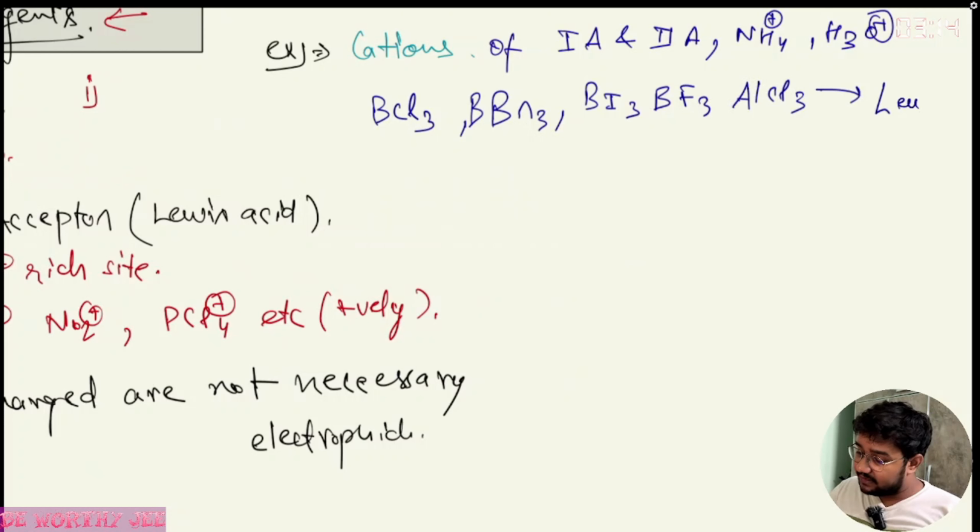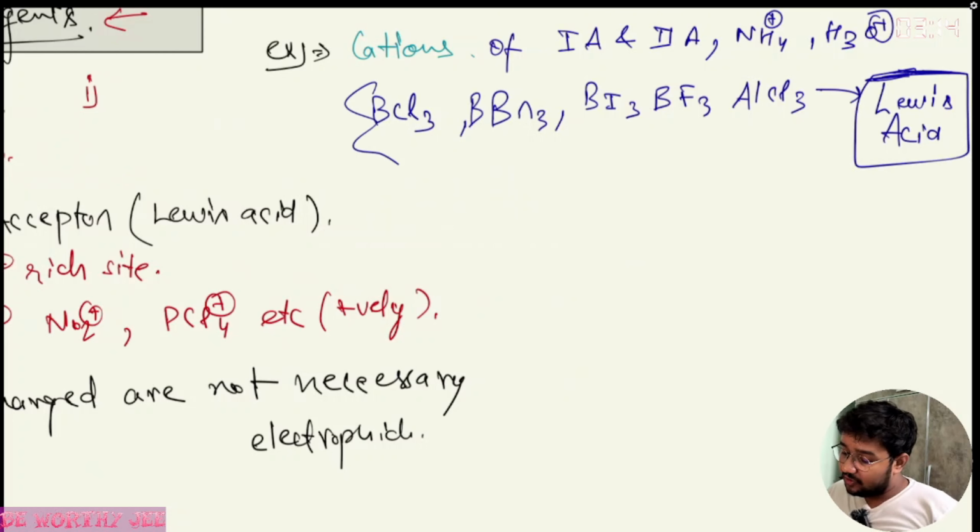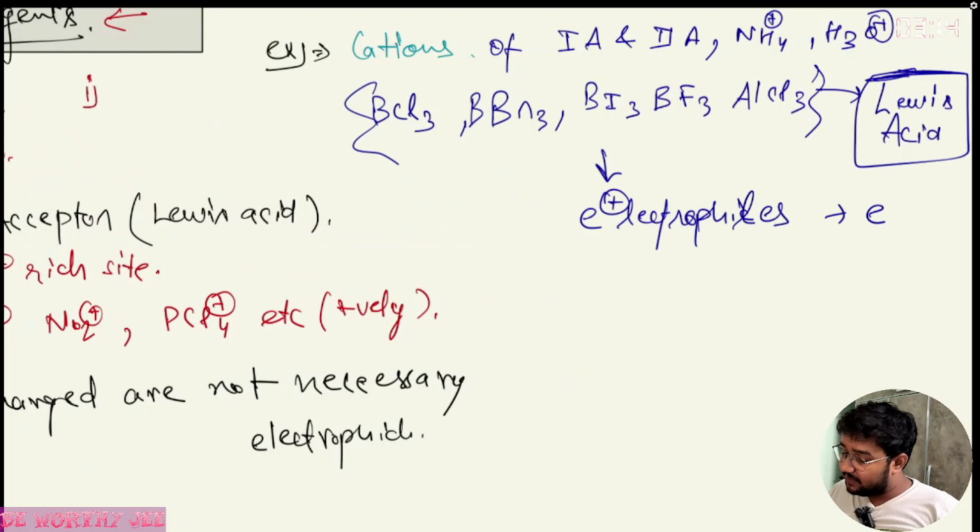These are Lewis acids, as you already know, and Lewis acids are those which want electrons. So these are also called electrophiles. Basically, we denote electrophiles as E plus. They want the electrons. So these are the electrophiles.